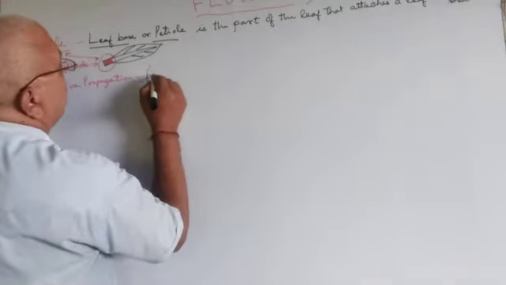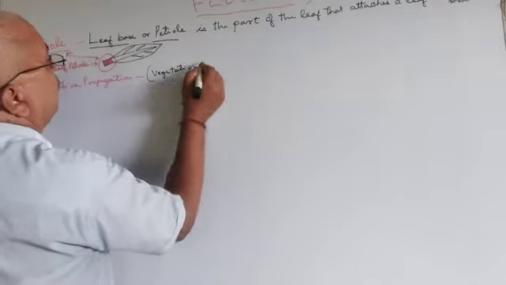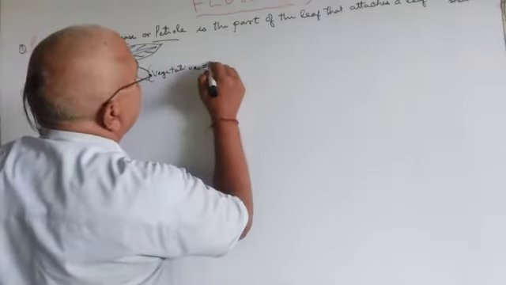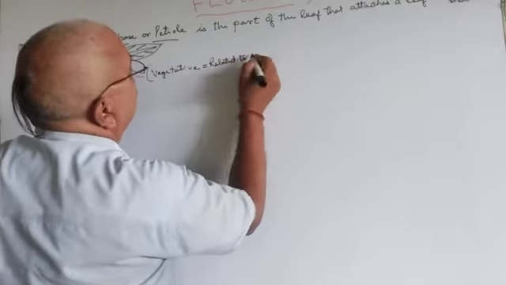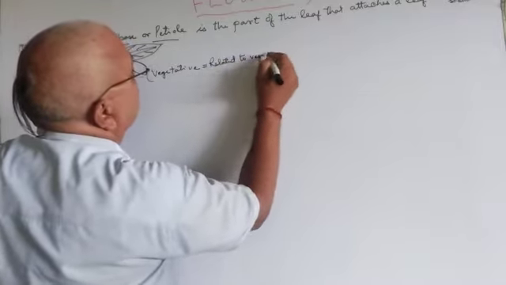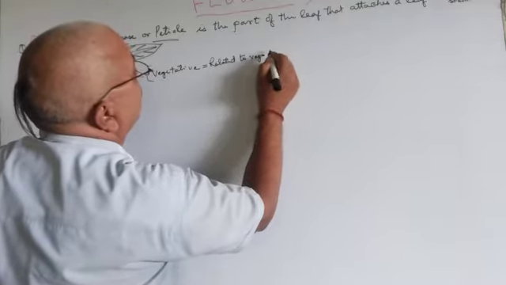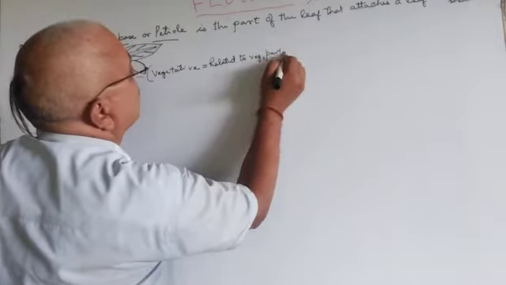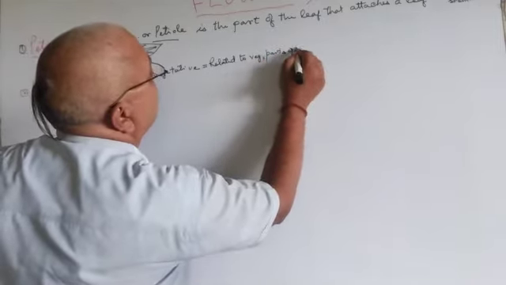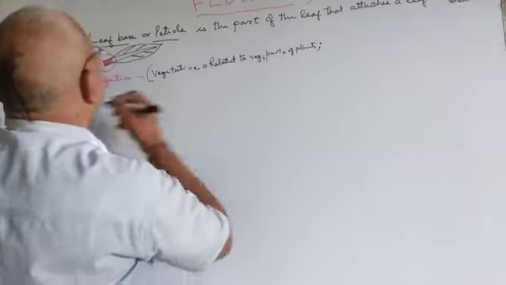You should know the meaning of these two words. Vegetative. Vegetative means related to vegetative parts of plants, right? And second term is propagation.